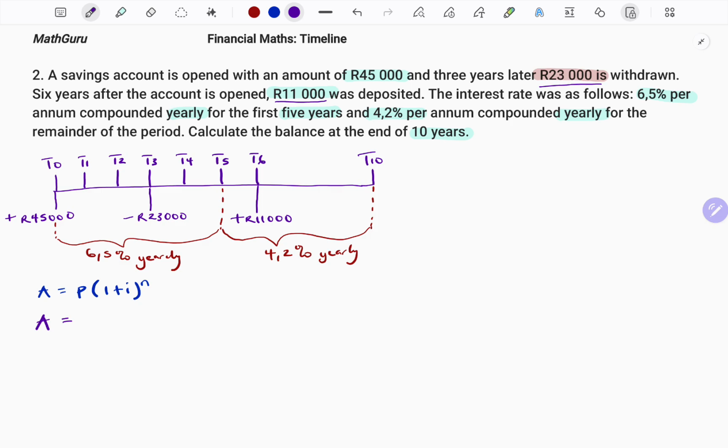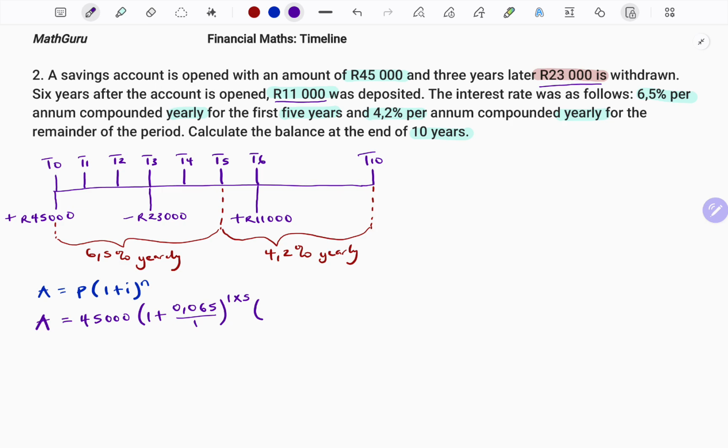Starting with my 45,000, my P is 45,000 multiplying 1 plus the interest rate for the first 5 years. I have that as 6.5%, that's 0.065 divided by 1, because it's compounded yearly, to the power of 1 times 5, for the first 5 years.